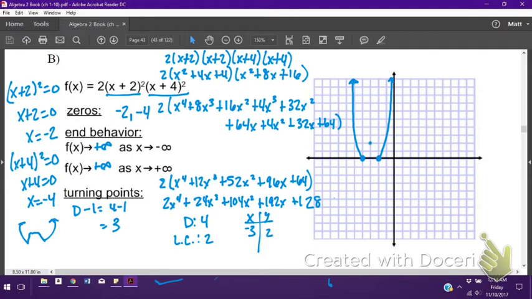So when I plug in 2, I can just go ahead and graph and finish my graph. So there is the graph of my polynomial function for b, where 2 times the quantity x plus 2 quantity squared times x plus 4 quantity squared will look like a nice, very narrow and long W.